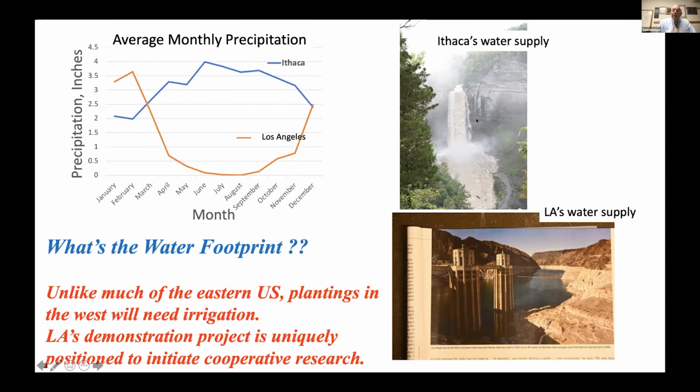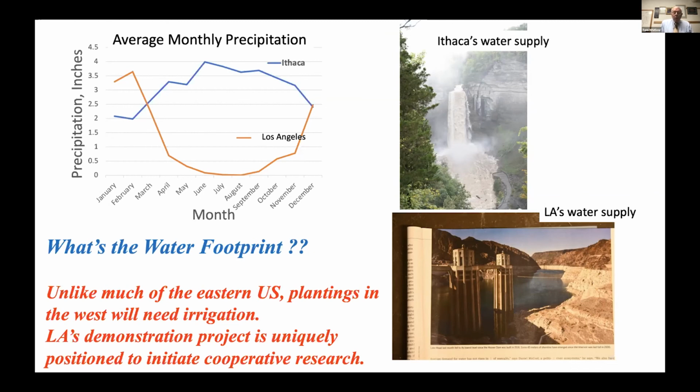If we look at the pictures on the right, the top picture here, this is Ithaca's water supply. On the bottom right, this is Lake Mead. This is Los Angeles's water supply. So I pose the question here, what is the water footprint of urban green infrastructure?